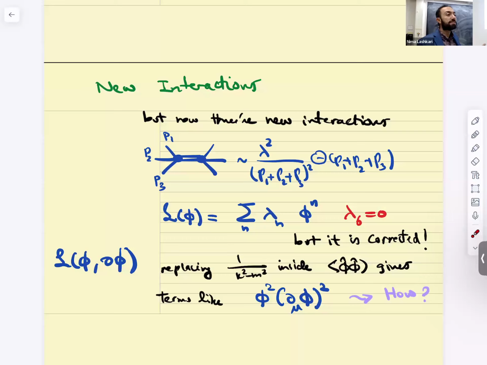What is the parameter that's small? k over lambda, right? So these corrections are, of course, m squared over lambda squared, k squared over lambda squared suppressed, for sure. So already you can see that from the point of view of the low energy observer, if they don't care about insane precision, they could just treat these terms as zero. But if they want to be very, very precise, they have to take them into account.